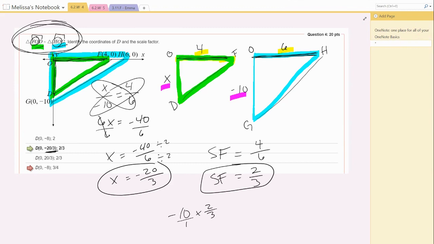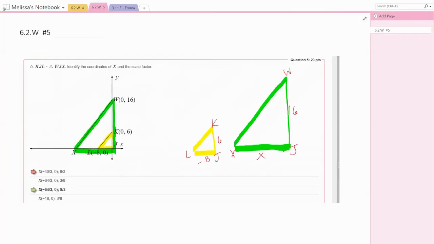So we got -20/3. -10 times 2 is -20. 1 times 3 is 3. So -20/3. So you see how these two answers match each other. All right, so that's it for number 4. I'm going to go ahead and go to number 5 here.